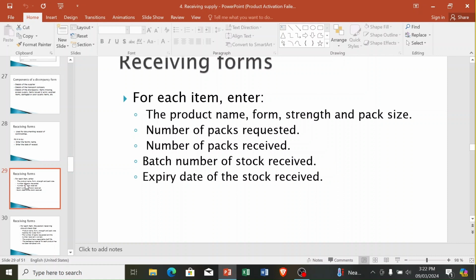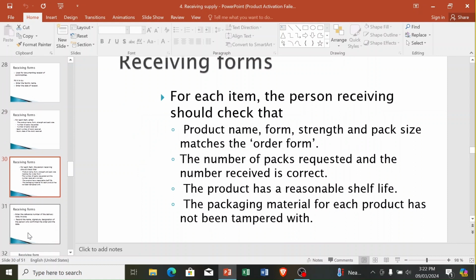Okay, number of packs requested, number of packs received, batch number of the stock received, and then expiry date of the stock received. For each item, the person receiving should check that the product name, the form, the strength, the pack size should match the order form.